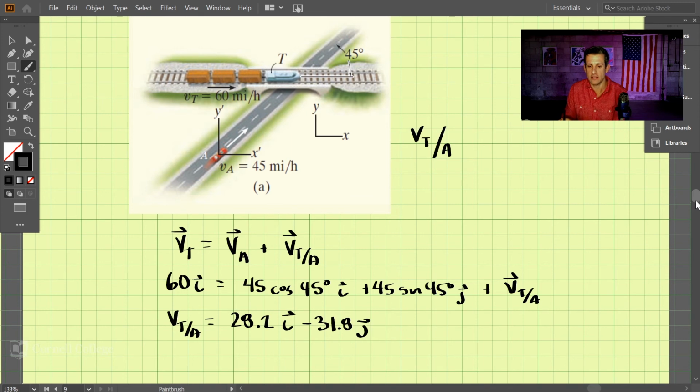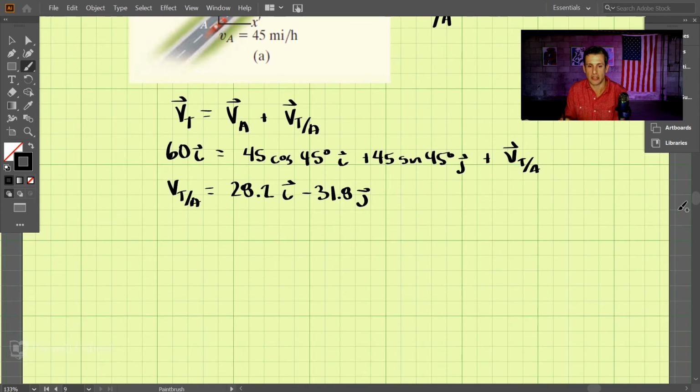Okay, so that is the velocity of the train with respect to the automobile, but we also like to know what is the magnitude of this. If we take the sum of the squares and take the square root, the magnitude of this velocity comes out to be 42.5 miles per hour.